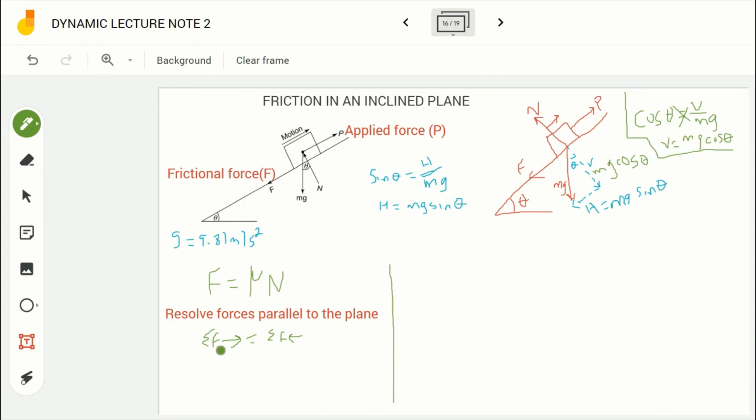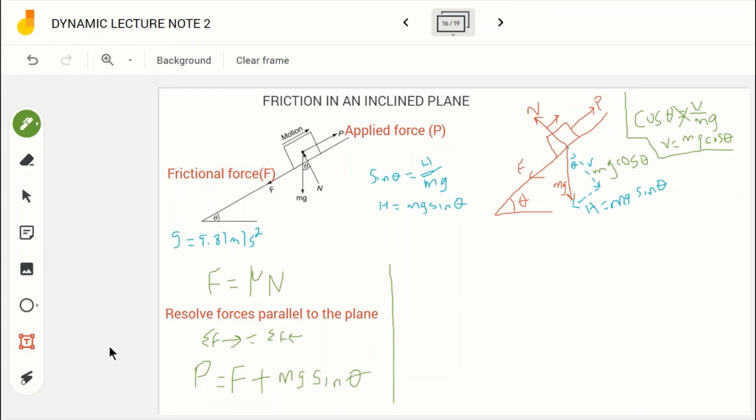So I can say the forces to my right, which is P, equal the forces to my left, which is F plus my H. And what is my H? It's mg sine theta plus mg sine theta. With this, we can solve for the value of P, which is the applied force.